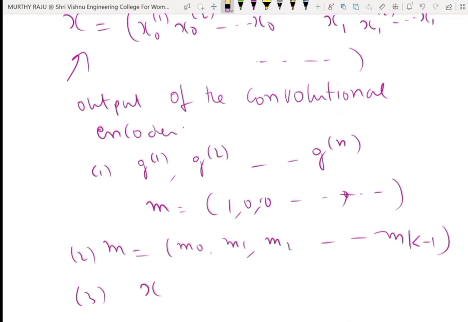With this, the analysis related to the time domain approach of this convolutional encoder is completed.